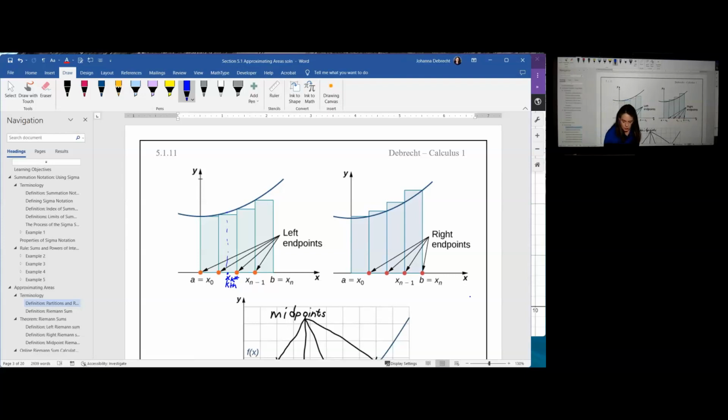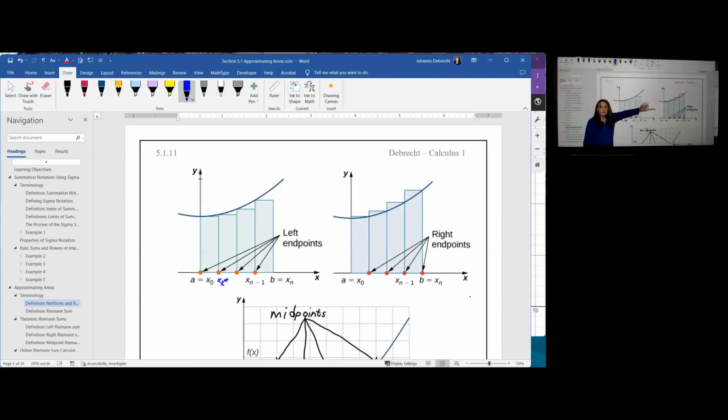In this particular picture, notice that x sub k star actually corresponds with the left endpoint. In each partition, I've taken the left endpoint of the subinterval, found the height of the function at that point, and used it for the height of my rectangle.